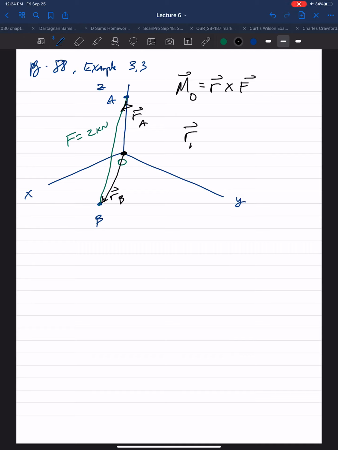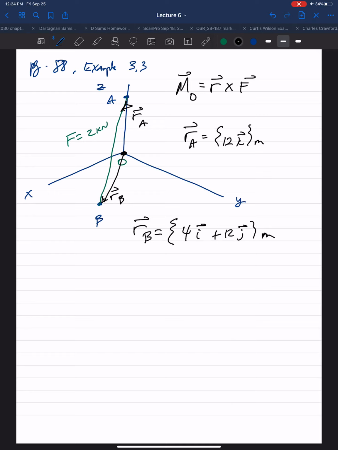So RA is 12K meters. To get from the origin O to point B, RB, you have to go in the X direction 4 meters and in the positive Y direction 12 meters. So RB would be 4I plus 12J meters.